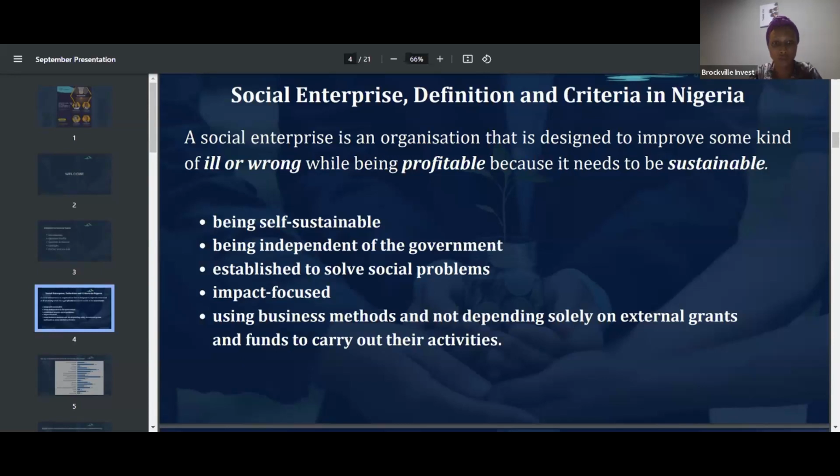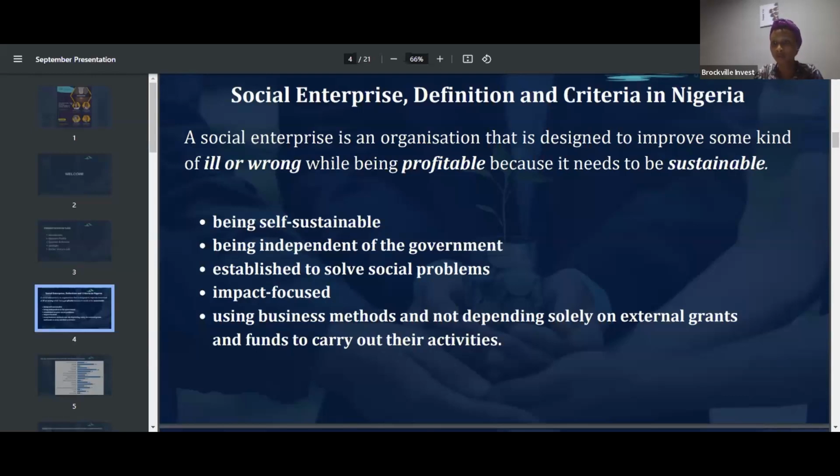It also has to be impact focused, creating impact on a person or on society at large. You use business methods and do not depend solely on external grants and funds to carry out such activities. The type of social enterprise you choose must not always depend on grants or funds for you to carry out its activity.